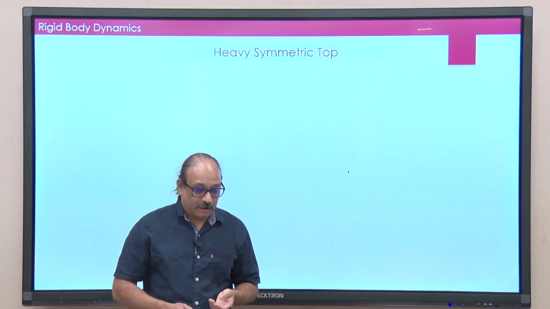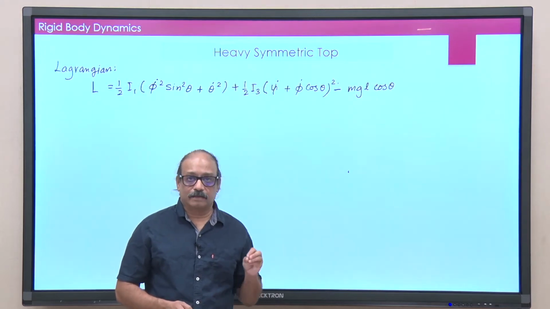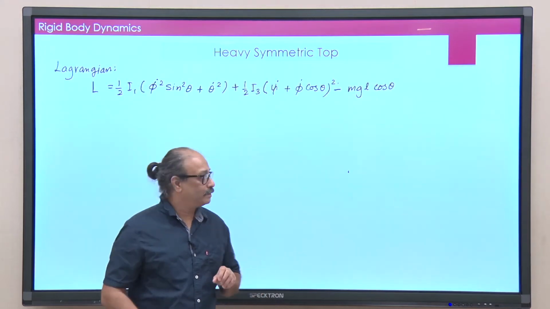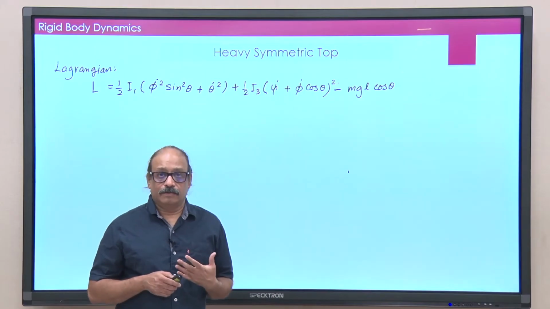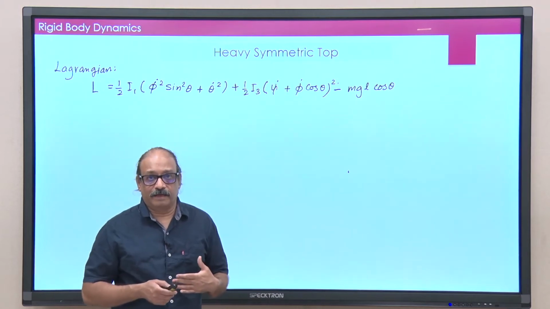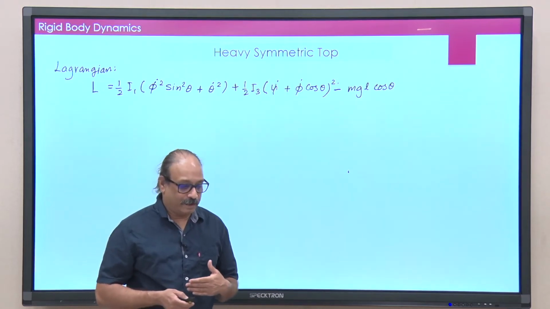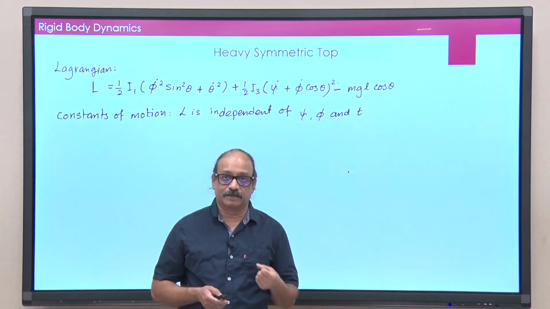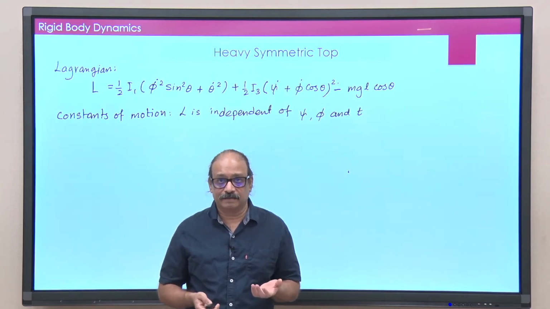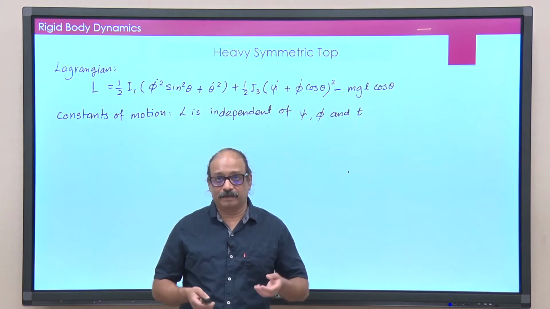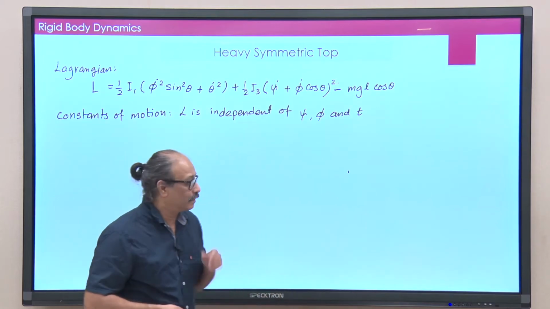Now, we have the Lagrangian. So, the Lagrangian would be your kinetic energy term minus the potential energy term. So, here is the simplified version of the kinetic energy, and then there is a minus of potential energy. Now, before you jump into writing down all the equations, I will look at what the constants of motion of this particular system are. If you can do first integrals out of the Lagrangian, that would be really great, because then that simplifies the problem considerably.